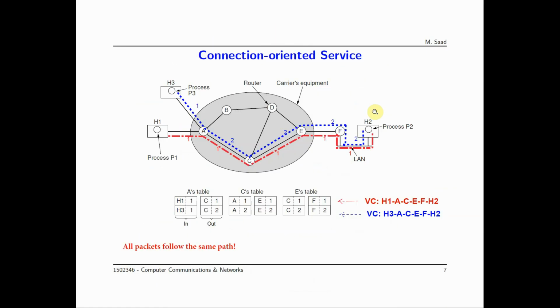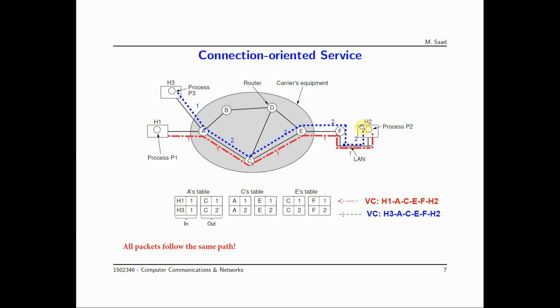Now, let's go back to this example. Here again, we have the core of the network that consists of routers A, B, C, D, E, and F, right? And at the edge of the network, we have some user hosts, host 1, host 2, and host 3. And we assume that host 1 wants to send some packets to host 2.